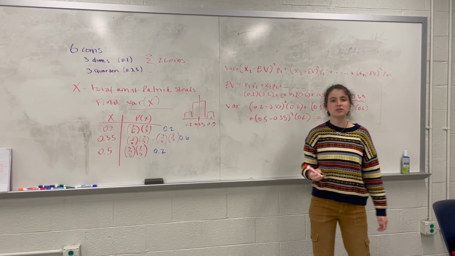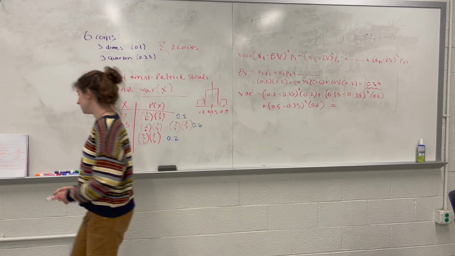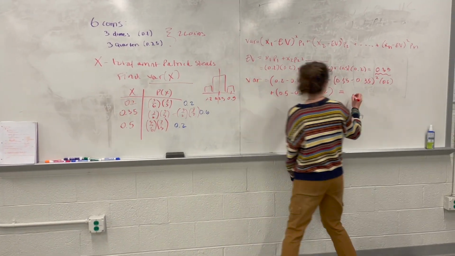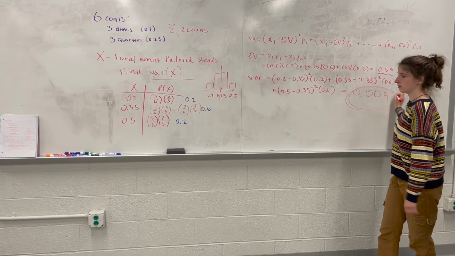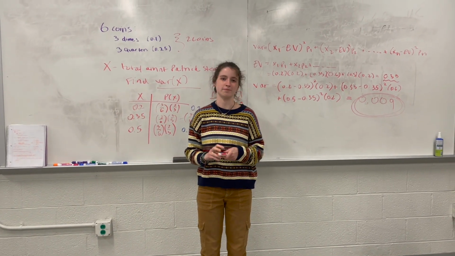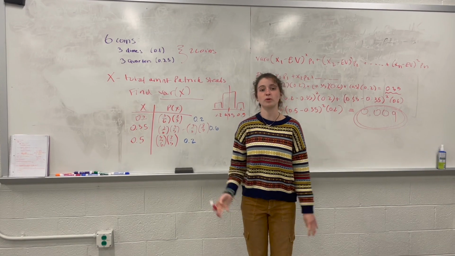It's a lot of numbers and a lot of writing, but you just have to punch it into a calculator, and when you do, you get the final answer of 0.009. Let me double check. Yes, 0.009. And so that's the variance of the total amount of money Patrick will steal from SpongeBob.